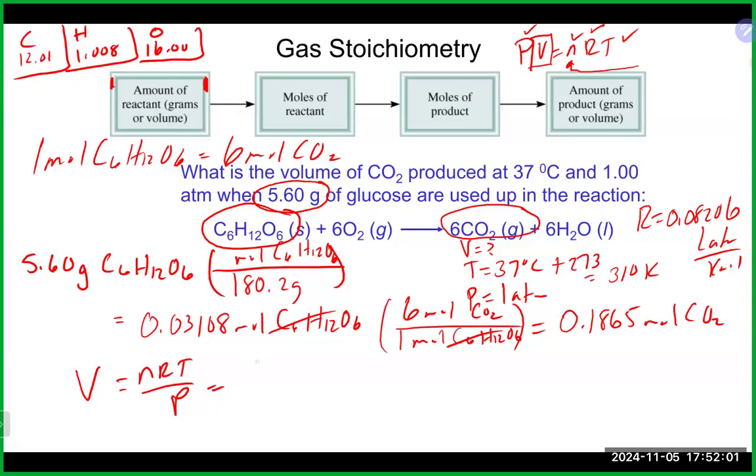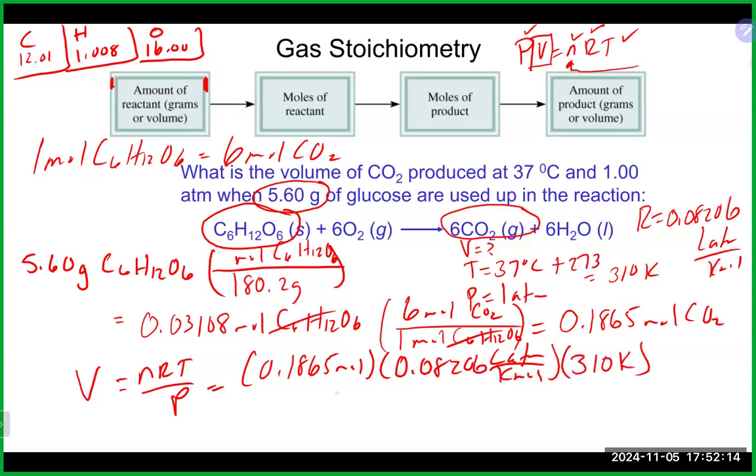Putting in our numbers here, 0.1865 moles, our gas constant, our temperature in Kelvin, so everything properly cancels out, and our pressure of 1 atmosphere, I think we had going on there. Moles will cancel, Kelvin will cancel, atmospheres will cancel.